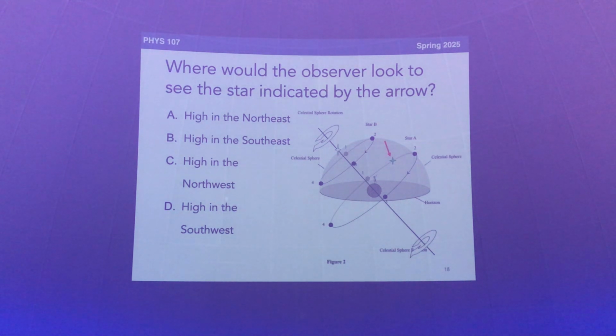Does that make sense? Sometimes I've noticed that people have trouble with the illustrations, but it's not everybody, so it's okay.